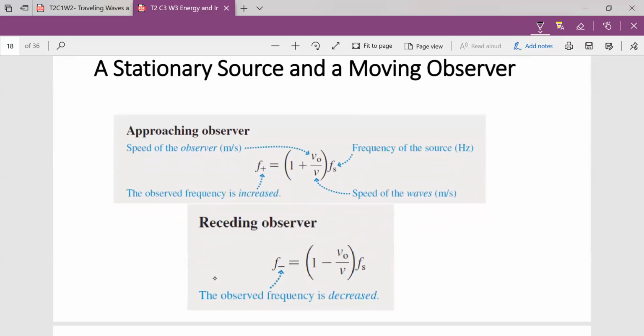So we have the same representation typically, but the only difference here is the notation for the observer instead of the source. So with speed of the observer over the speed of the wave, we have the frequency when it's approaching, and that is the frequency of the source as well, and when it's receding.